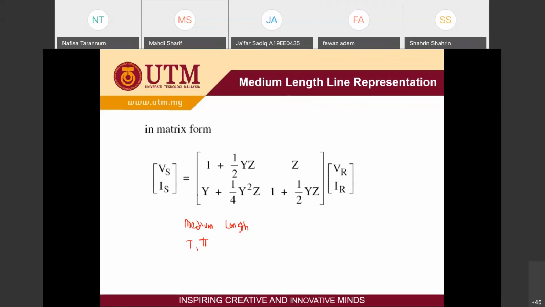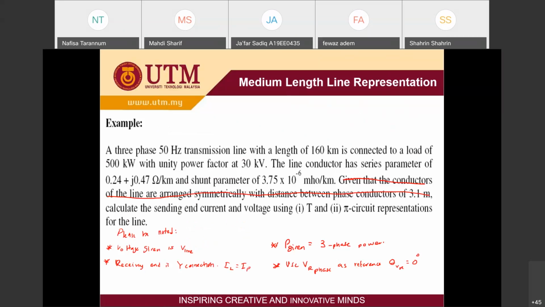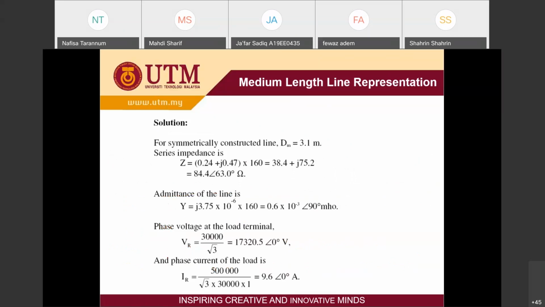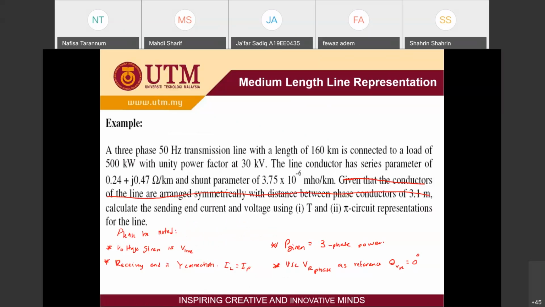The only difference is how we represent the line, either using T or pi. This one is quite similar to the short line representation in terms of its calculation. And I think we finish our class with this example.